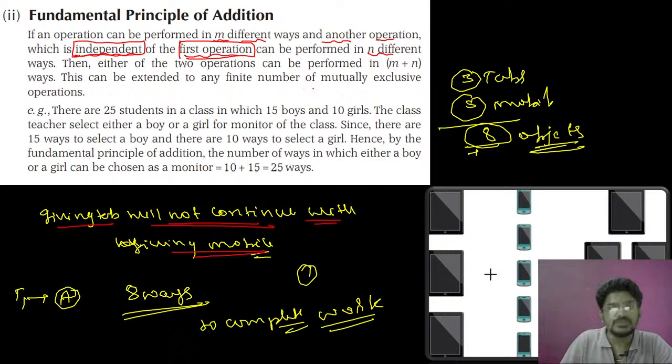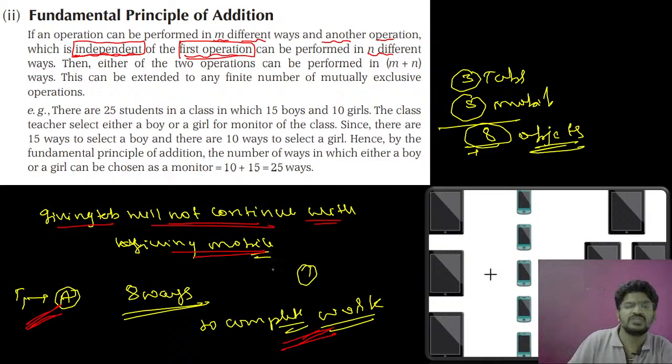Clear? So independent operations here means giving tab and giving mobile are 2 different independent operations. Are you getting my point? There is no rule that if you give tab you have to give mobile. There is no rule that if you give mobile you have to give tab. So by that you can just say giving tab and giving mobile are 2 independent events.